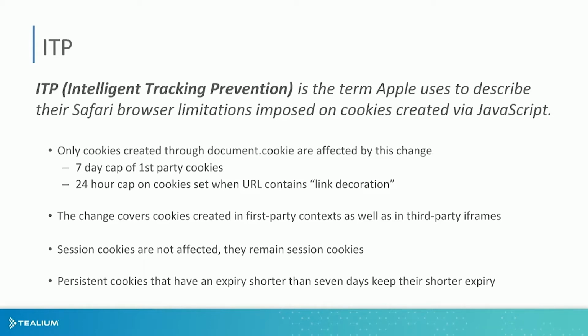I clicked the link, and the link has UTM parameters on it, right? It has tracking parameters. The Dig folks want to know that link came from an email. Well, what ends up happening there is now the cookie is shrunk down to a 24-hour cap. So any client-side set cookies are 24 hours, which becomes even more of a challenge.